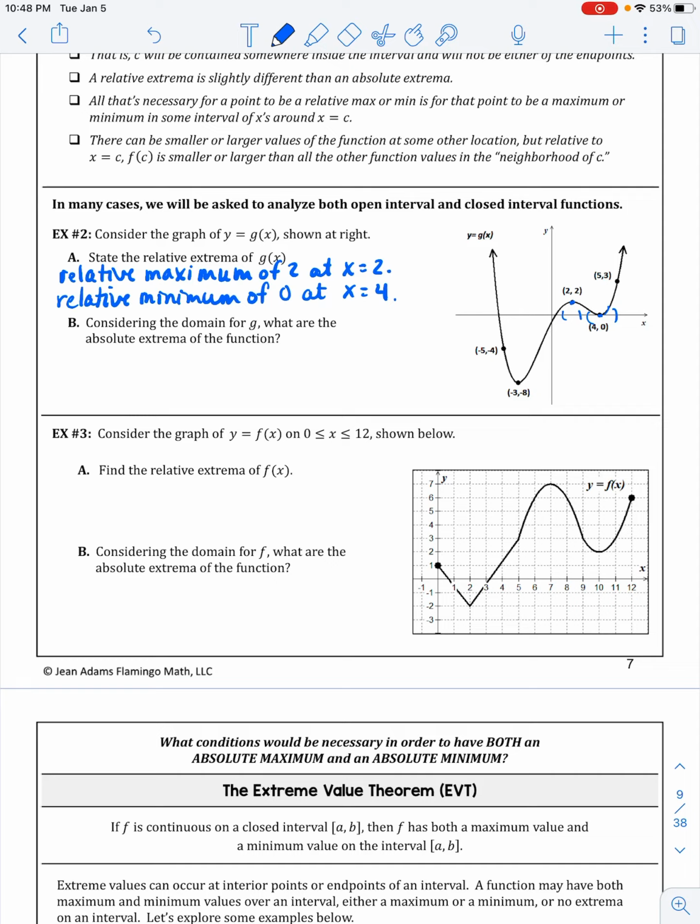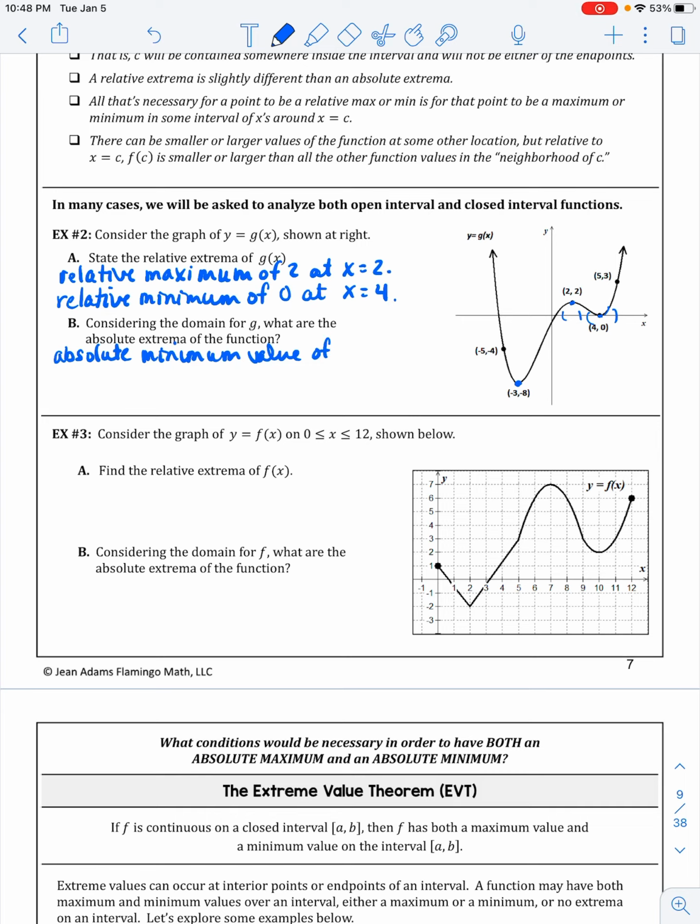And now for part B, they wanted to know, what about the absolute? And I do see an absolute minimum right here. So we've got an absolute minimum value of -8 at x equals -3.